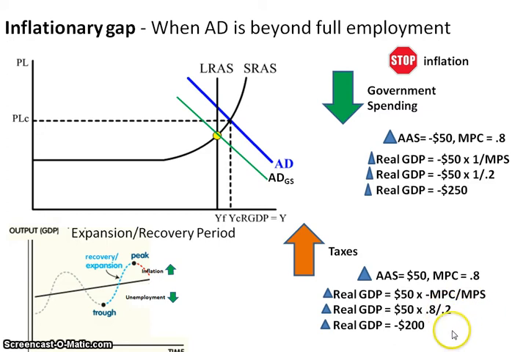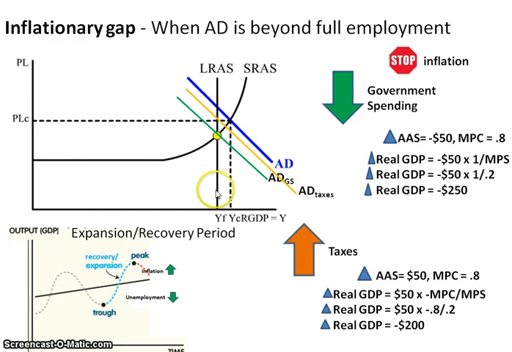That would have it at a negative 200. And so with that, you can see here that the decrease in the aggregate demand curve is only going to be going down with the $200 instead of the $250. So you're not going to see as drastic of a leftward shift of the aggregate demand curve.